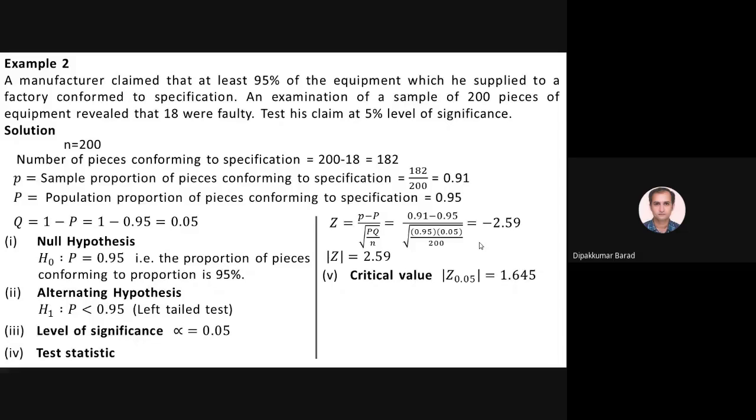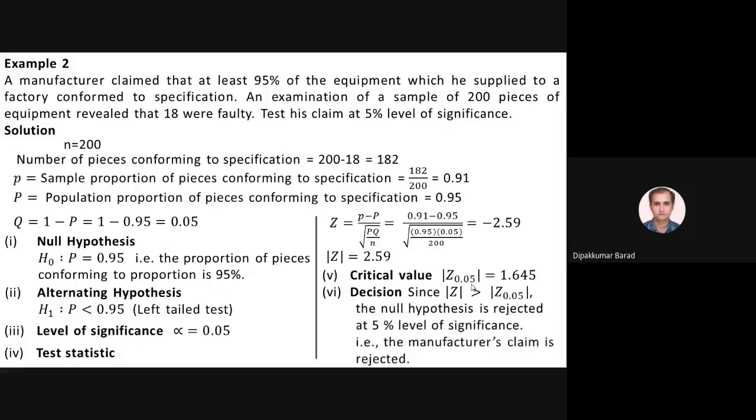So for a left tail test at 0.05, the value is 1.645. Now compare this value with mod z. You can easily see that mod z is greater than the absolute value of z at 0.05. So our null hypothesis is rejected, and at the 5% level of significance, we can say that the manufacturer's claim is rejected.